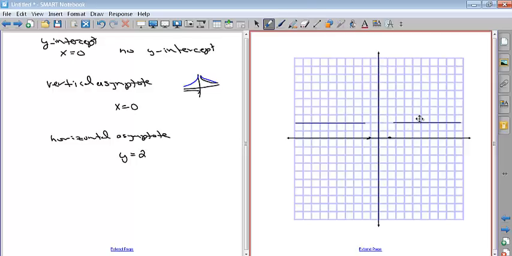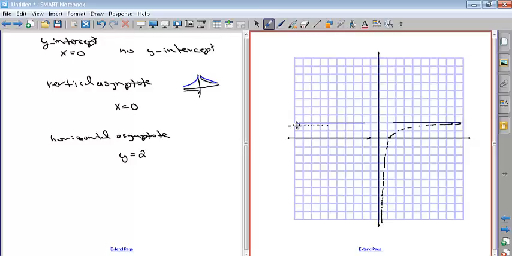So what's going to happen is the function comes along here through the horizontal asymptote. It gets close to here and goes negative, and it has to keep going negative because there's no other x-intercept, and there's a vertical asymptote at 0. The other side has to do the same thing.